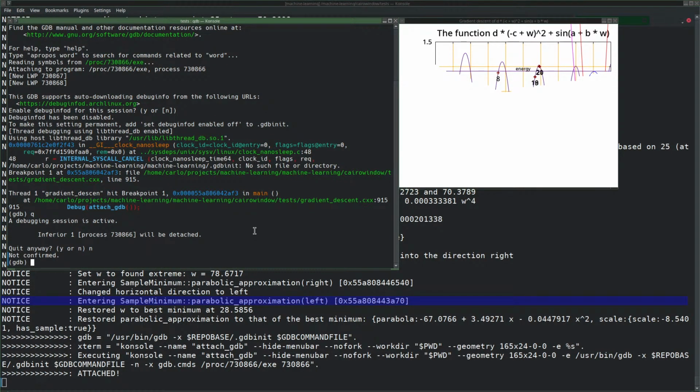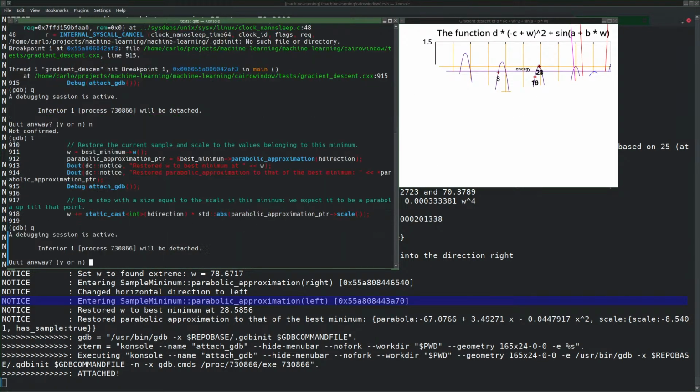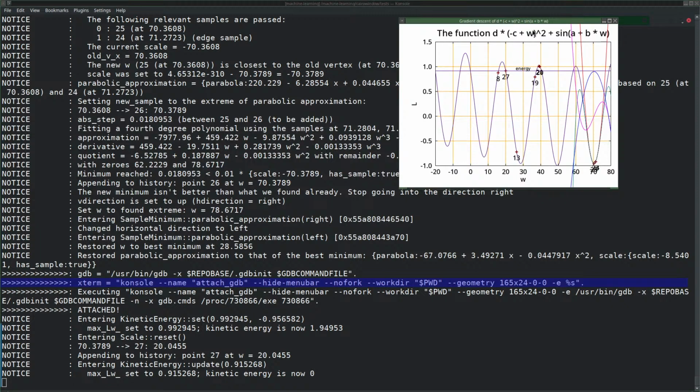I don't know why I'm getting here for the first time. No, I already understood that because we just changed direction. This was a big mystery.